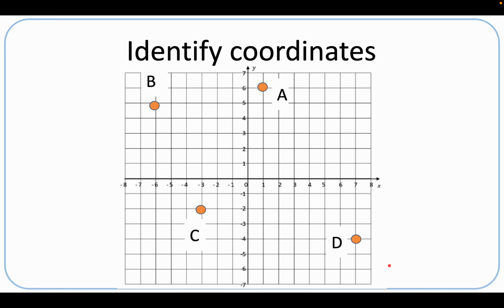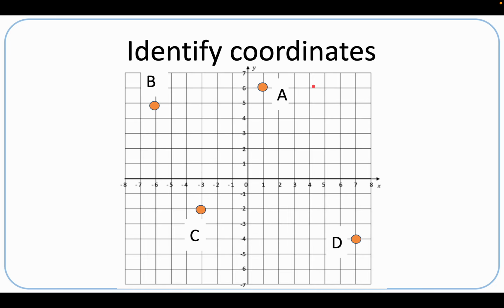Okay, so identifying coordinates. We want to identify these points, and what you would do is first see that point A, from the origin, is one unit over from the y-axis. So its x coordinate is 1, because this is the x-axis.